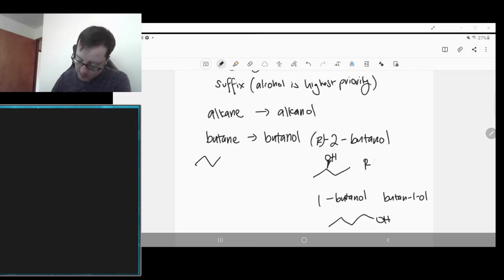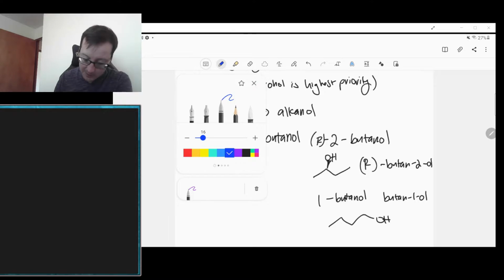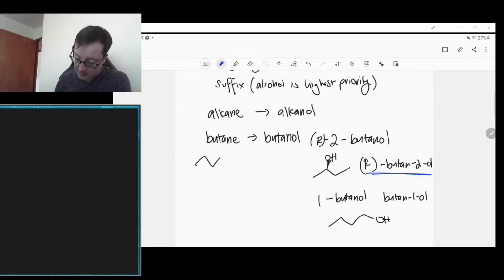Or R butan-2-ol. Either of these are okay. Once we start putting more and more substituents on, putting the locator number closer to the ol makes it a little bit easier. So you'll see these more and more once we have more and more substituents on there.